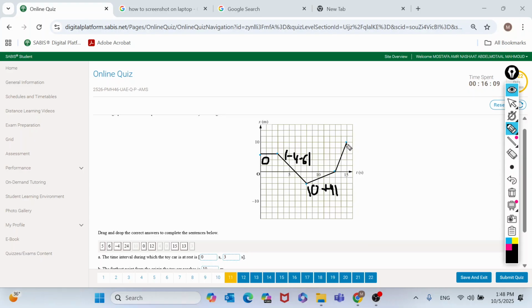And this one is 10 minus 0, so it's just 10. So the absolute value of negative 4 minus 6 is 10. So this part's 10, this one's 4, this one's 10. So 10 plus 4 plus 10 is going to be 24.